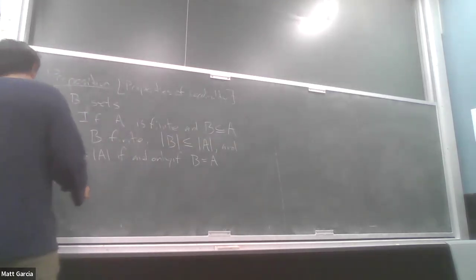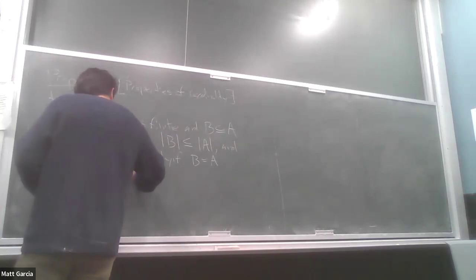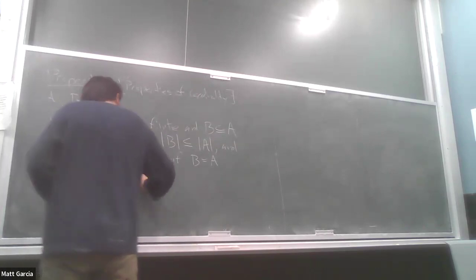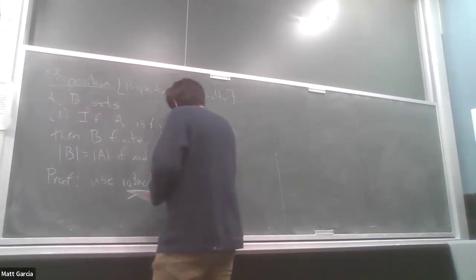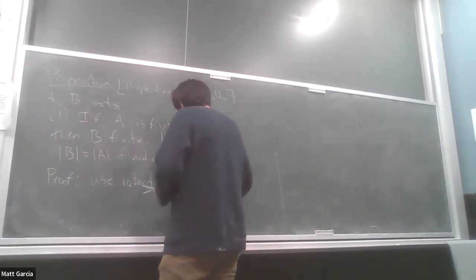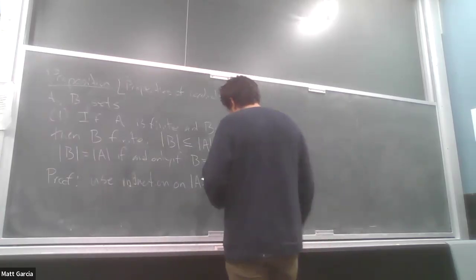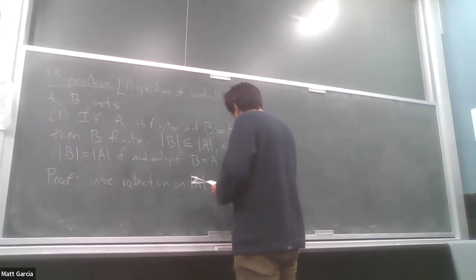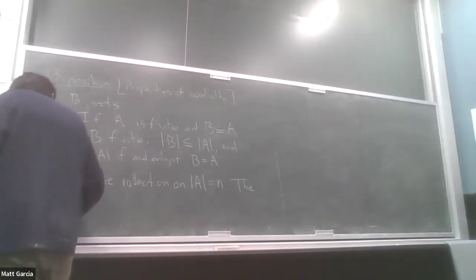Okay, so how do we look at this for the proof? We will use induction on the cardinality of A. The base case tells us what?